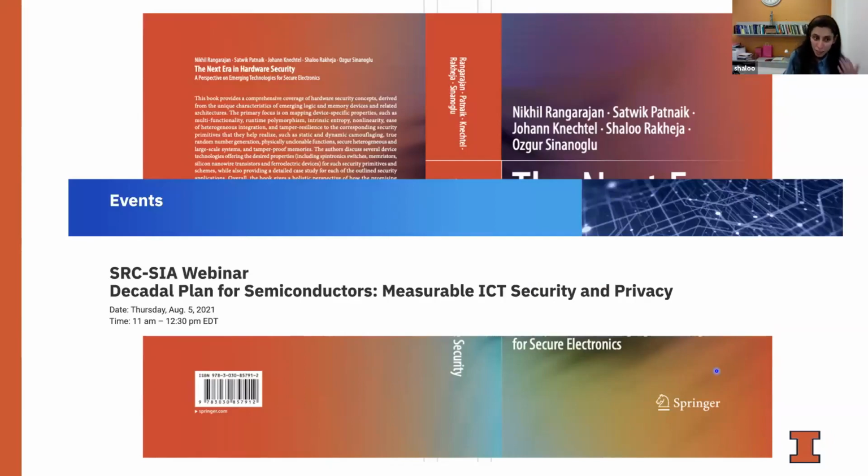I think the semiconductor industry is now realizing that security should be a very important aspect of the design cycle. And there is an upcoming webinar on measurable ICT security and privacy next week. As an ECE person, I think working with material scientists as well as circuit designers is very helpful for our group.